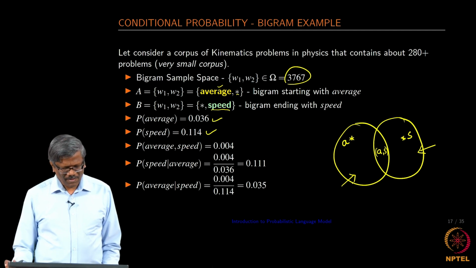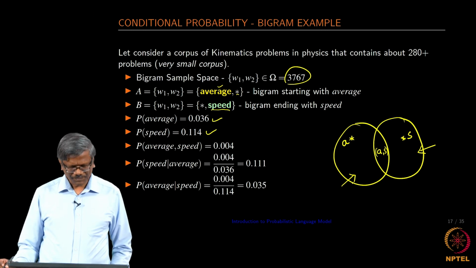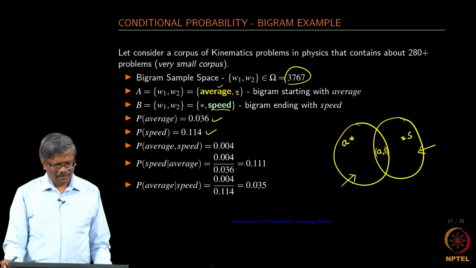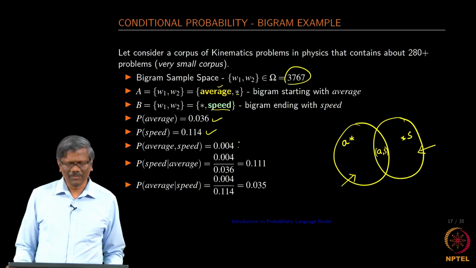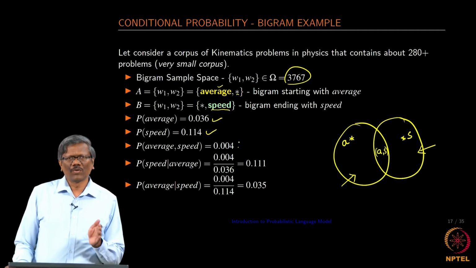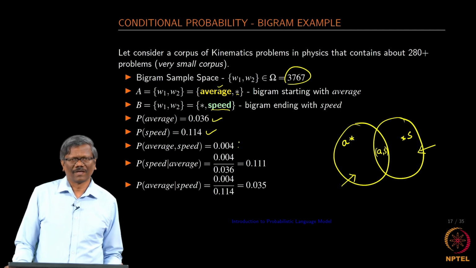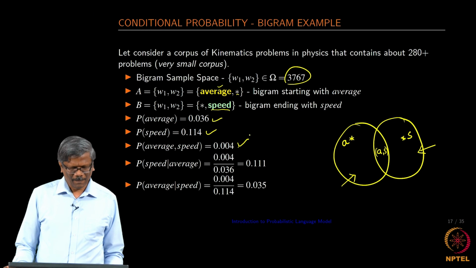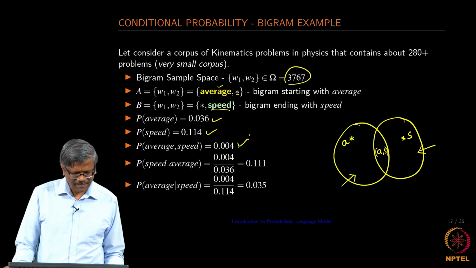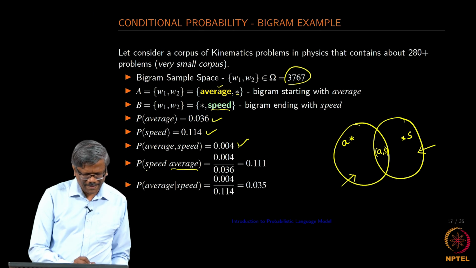Let us find out how many times average and speed occurred together. You get this number again from the bigram values. You count how many times average and speed occurred together, and that is equal to 0.004. Now we find the conditional probability of average being the first and speed being the second word.